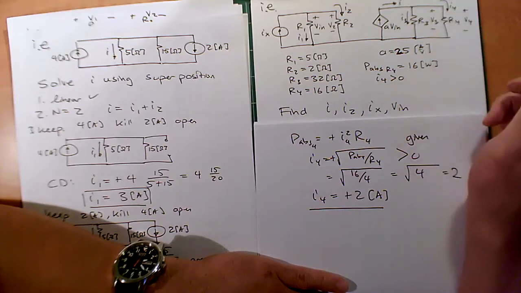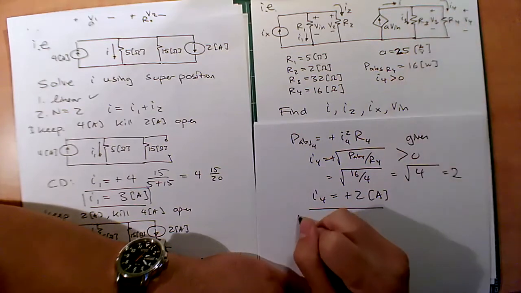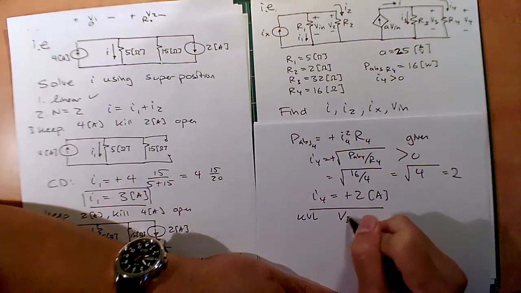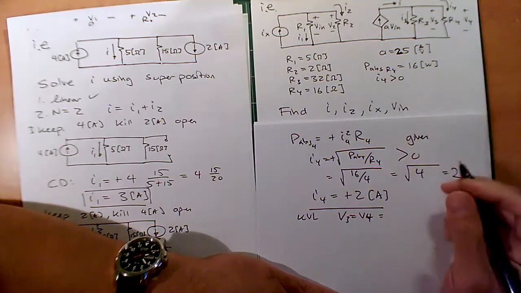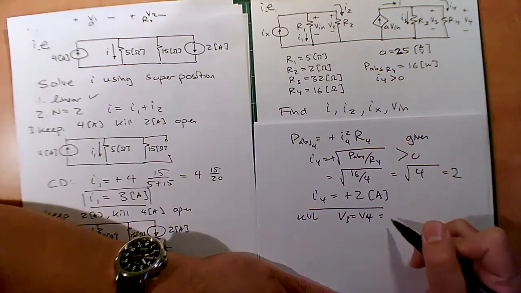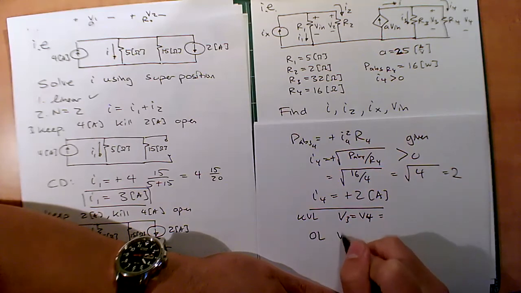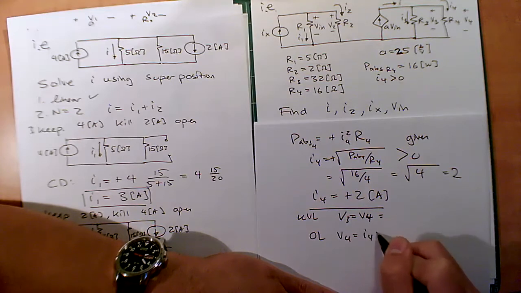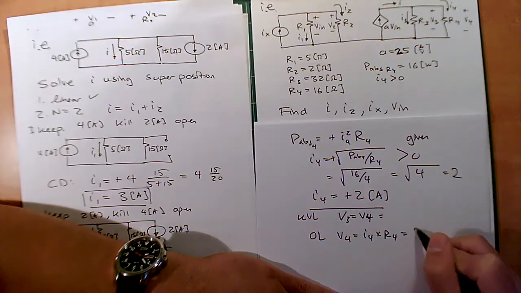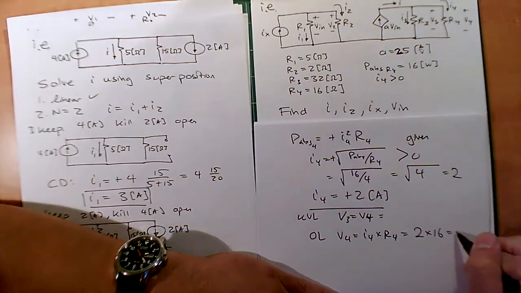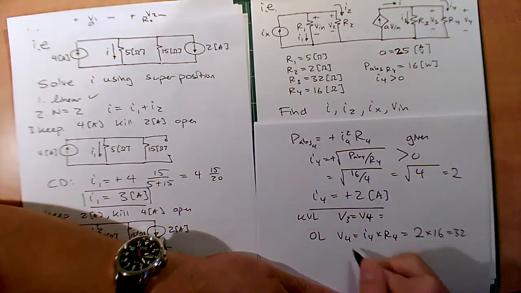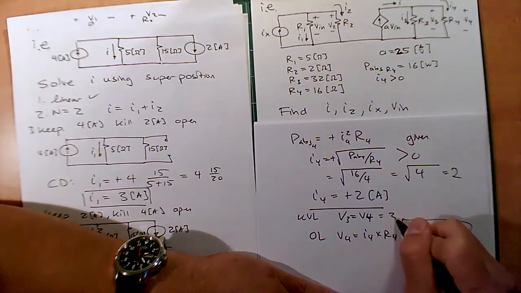By KVL, we can say V3 is equal to V4. We haven't solved it yet, so using Ohm's law, V4 is equal to I4 times R4, which is 2 times 16. So that's 32. So this is 32.